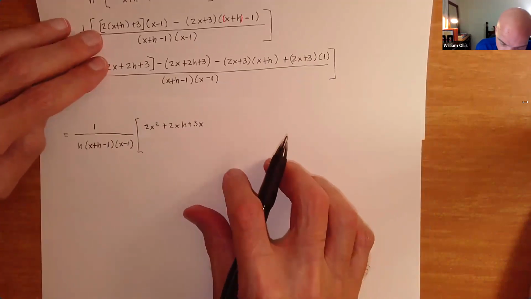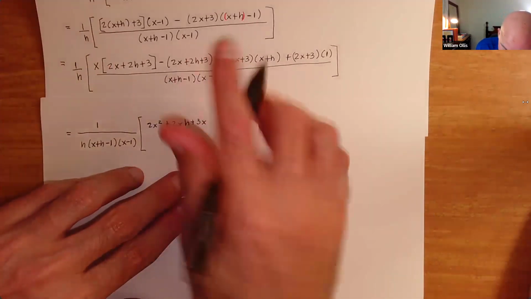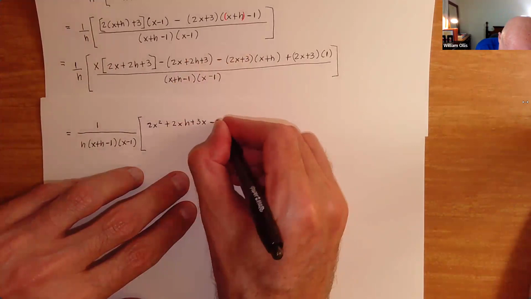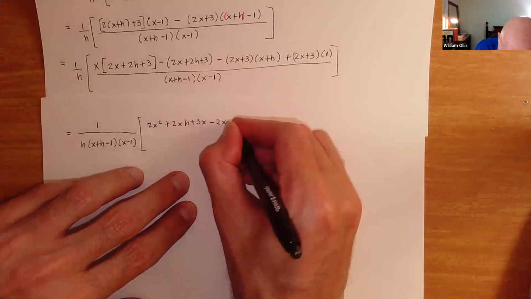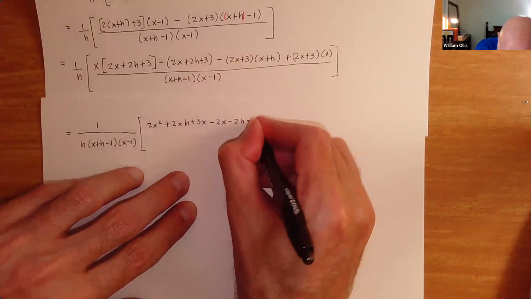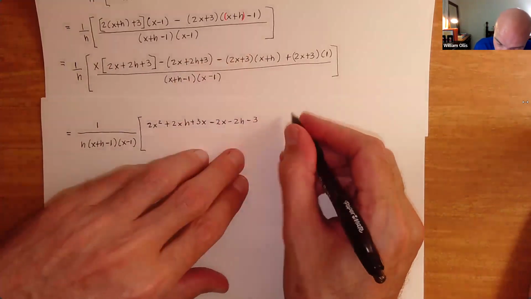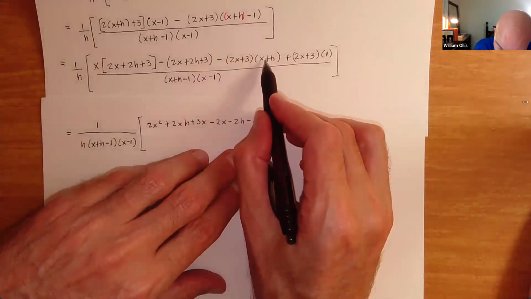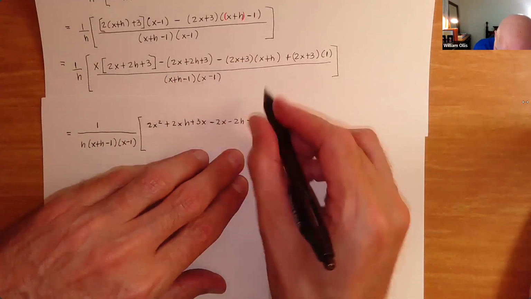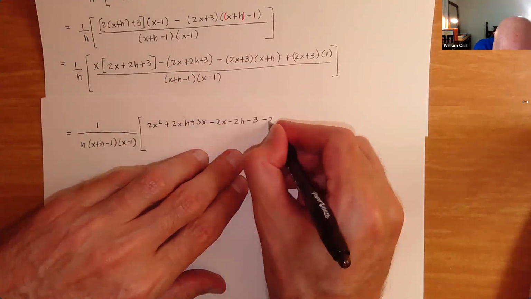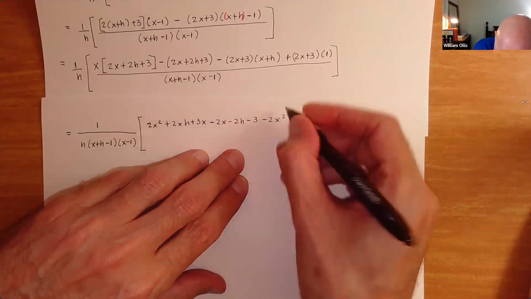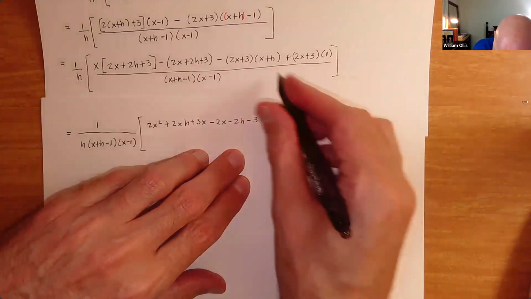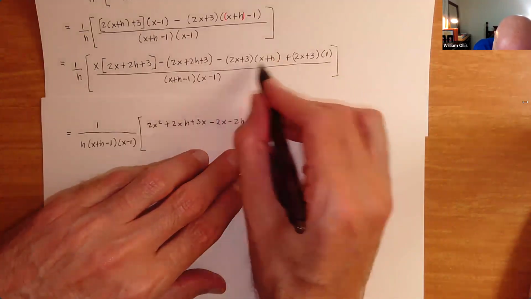And then, of course, now we have a minus sign with all of these. So we have a minus 2x minus 2h minus 3. And now we can just do distributive law here. So we have a negative 2x squared. And then we have a negative 2xh.